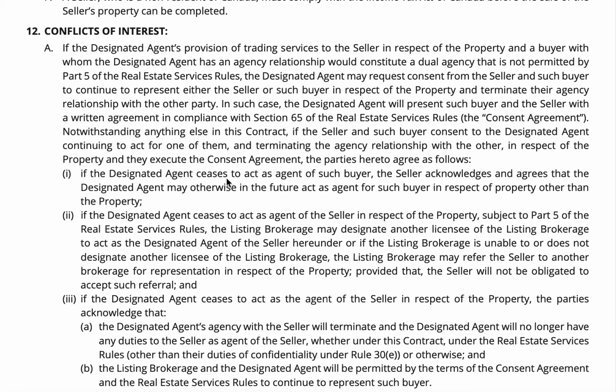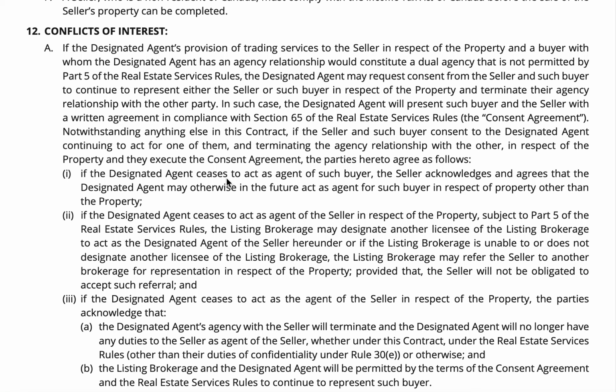Will you allow me to refer you out to another agent from our office for the purposes of writing an offer? If that happens, I can't disclose anything I've learned about that buyer to you through my agency relationship, because I have the same duty of confidentiality with them as I would have with you. So we would refer them out.